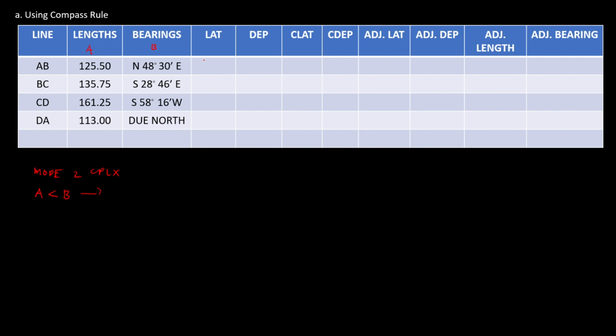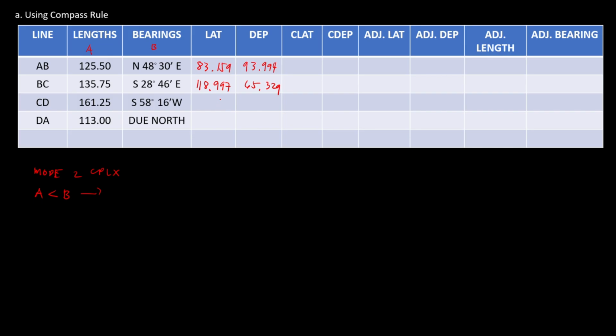For line AB, the latitude is 83.159 and the departure is 93.994. Next, for line BC, the latitude is 118.997 and the departure is 65.329.